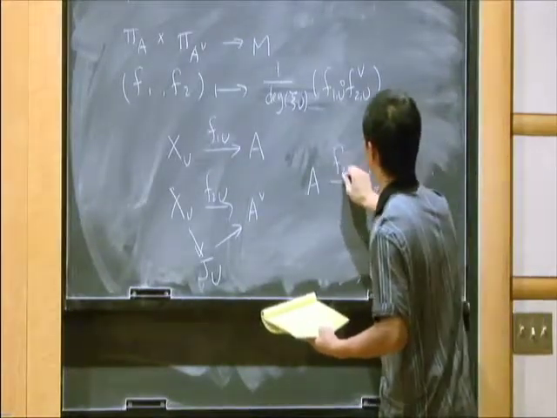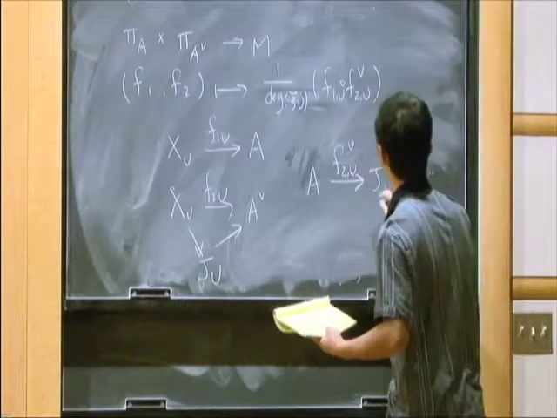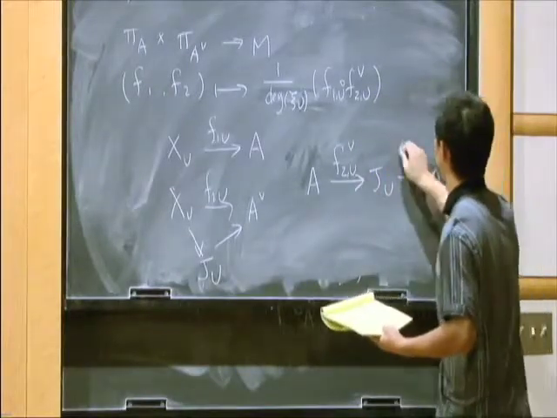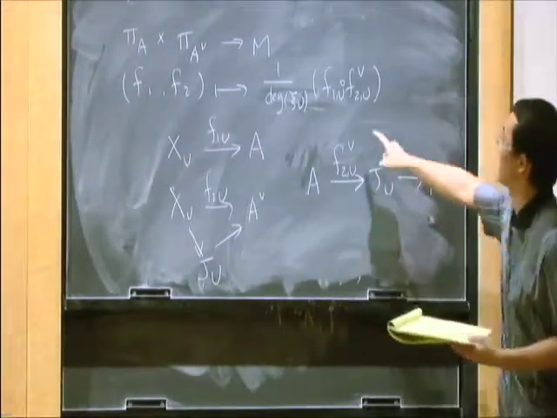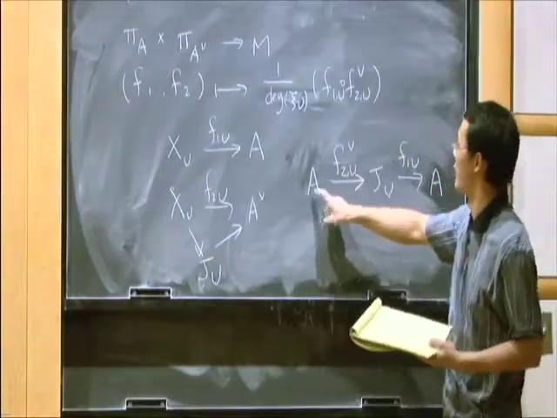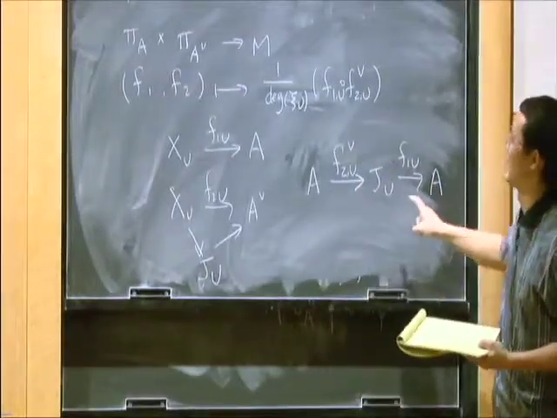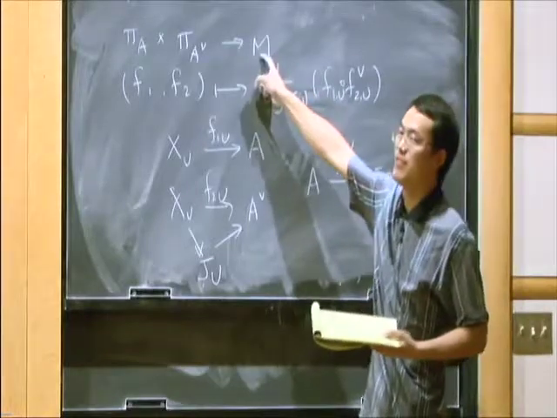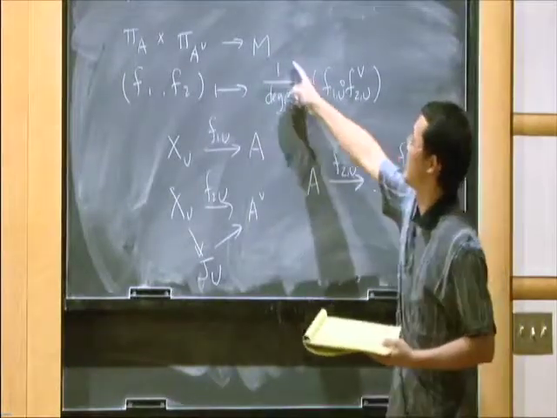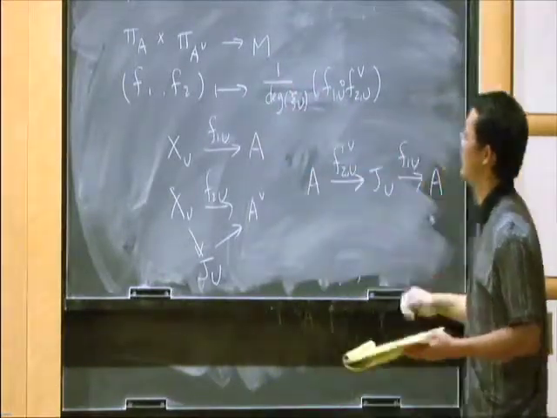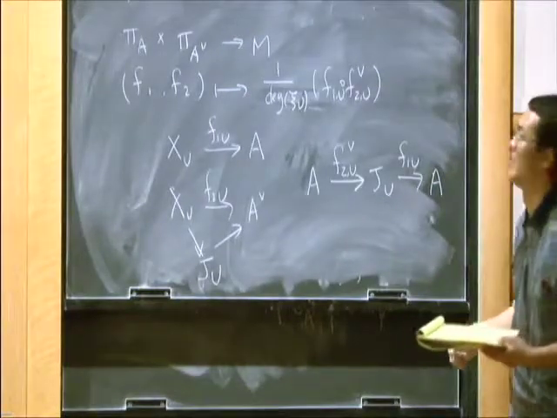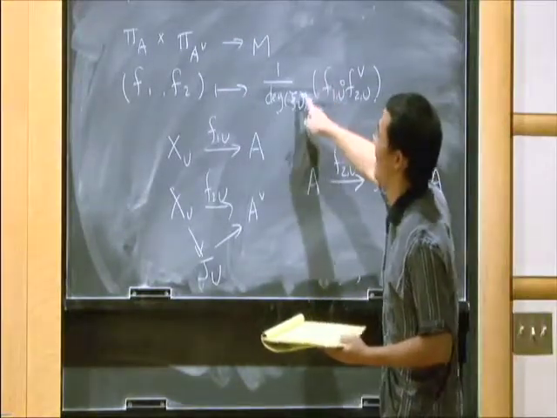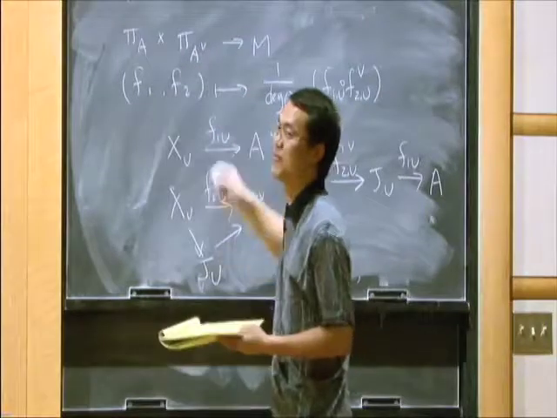This is F2U dual. And then to A. This is F1U. Now we take the composition. We get a map from A to A. And by definition, this is an element of M. And this is just a normalizing factor between different levels. By this normalization, it does not depend on U. Then this is a duality map.